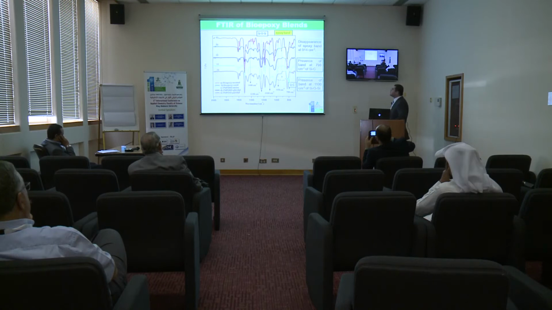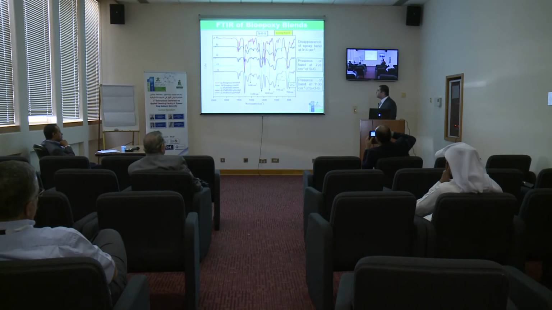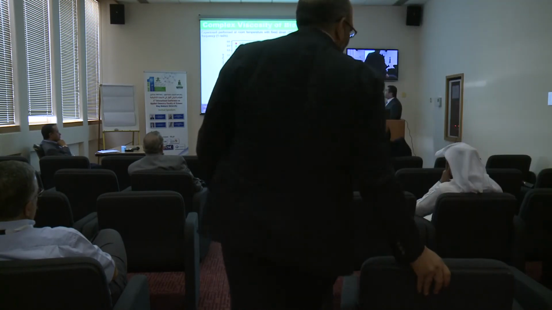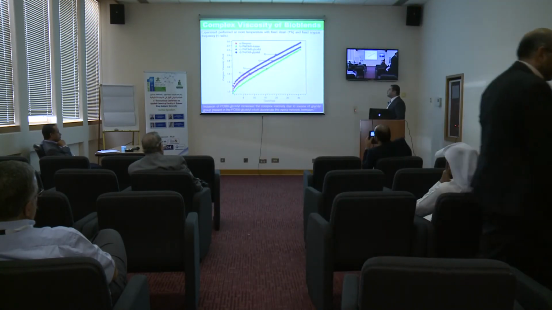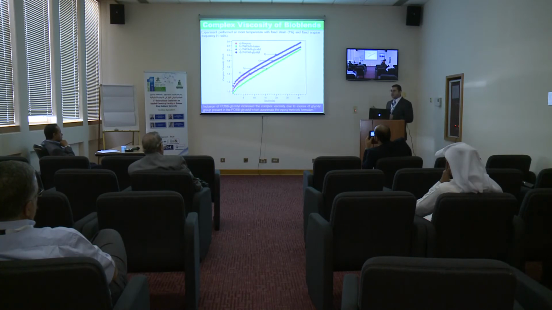The FTIR also showed disappearance of the epoxy peak for all, and the presence of the Si-O-C peak of POSS-glycidyl at 1100. So this means that we have a good interaction between the POSS and the bio-epoxy. To measure the pot life of curing of these products, we measured the complex viscosity using rheology.